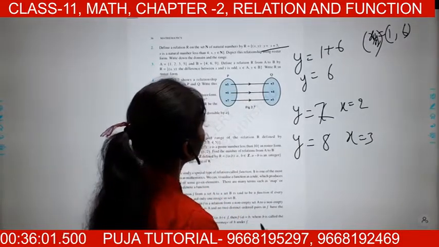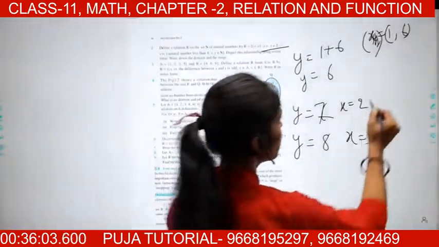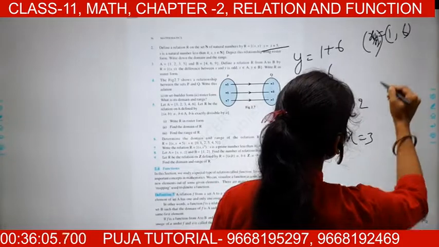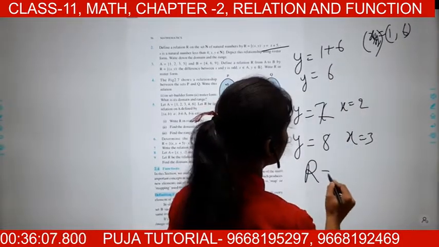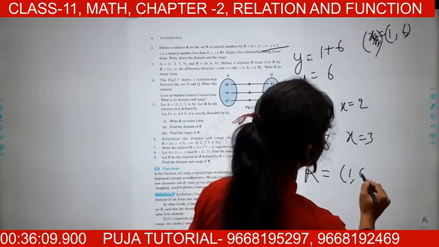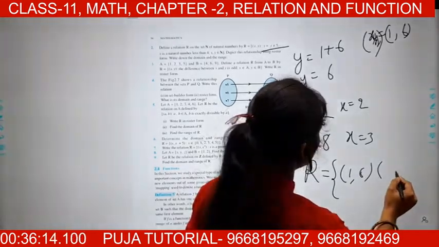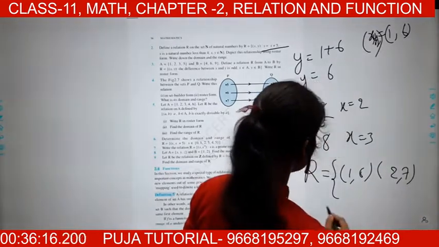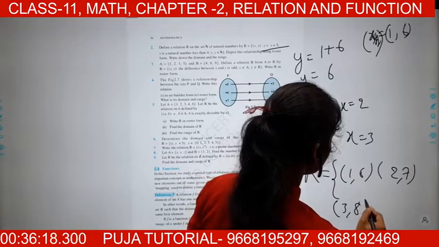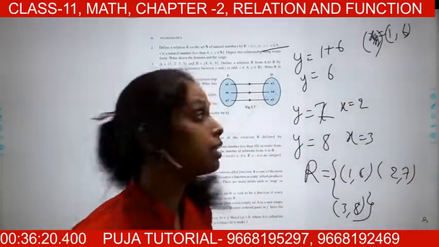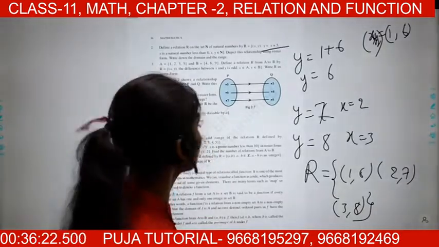Then what is the relation? The relation is: first 1, 6, second 2, 7, and third one is 3, 8. Then it is a relation. Then what is the roster form?